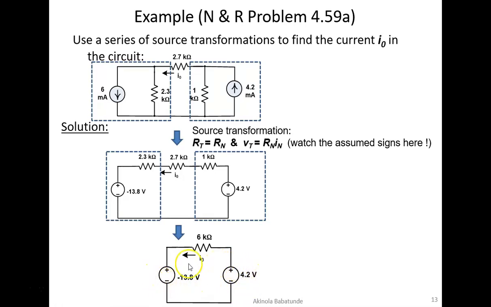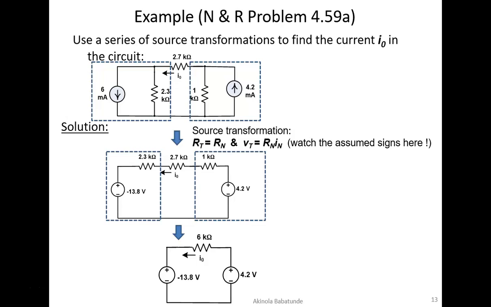How do we combine these two voltage sources into a single voltage source? Now, we have what we refer to as series aiding voltage sources and series opposing voltage sources. Series aiding voltage sources are series connected sources with their polarities connected so that the plus terminal of one is connected to the negative terminal of the next, allowing current to flow in the same direction.